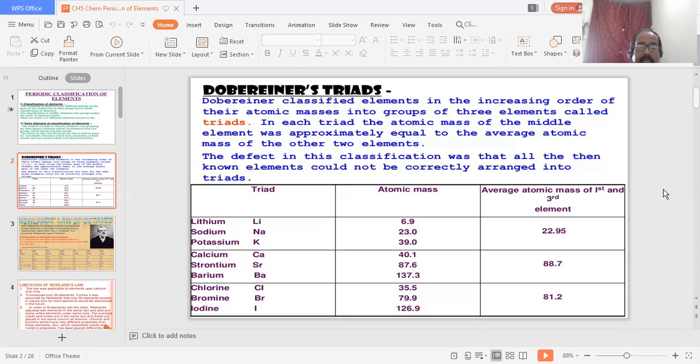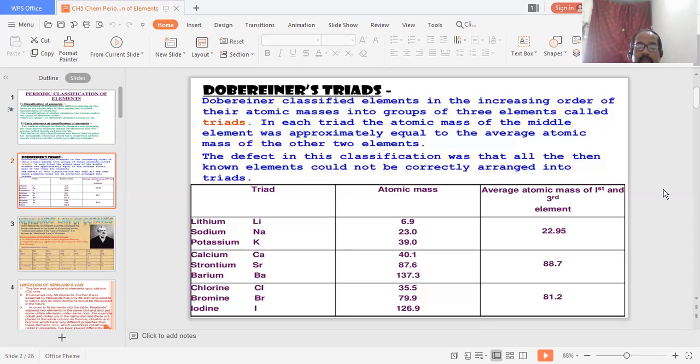Suppose the first set is lithium, sodium and potassium. These are the three elements of the first set. The mass values of lithium and potassium are summed and divided by 2. The mass value of lithium is 6.9 and the mass value of potassium is 39.